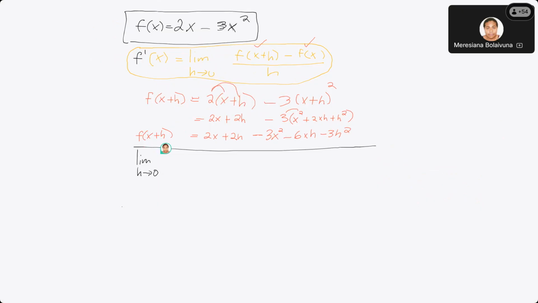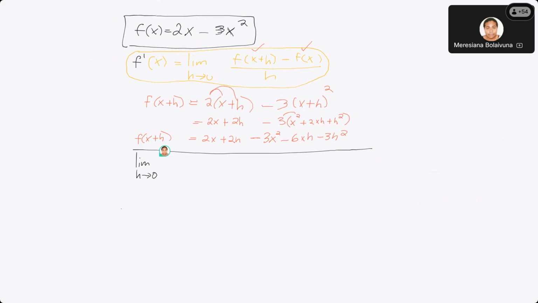Limit as h approaches 0, f of x plus h minus f of x. So our equation for f of x plus h is 2x plus 2h minus 3x squared minus 6xh minus 3h squared. So that's the first part of the definition.